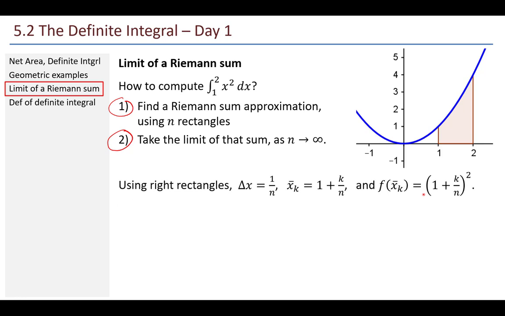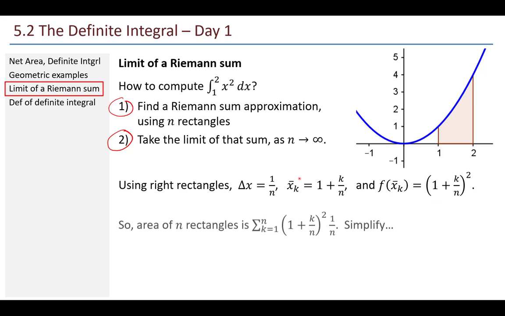So let's make a Riemann sum approximation. Using right rectangles, we find every rectangle has width 1 over n. The right endpoint of each rectangle lies at 1 plus k over n. And the function evaluated at the right endpoints looks like 1 plus k over n, that quantity squared.